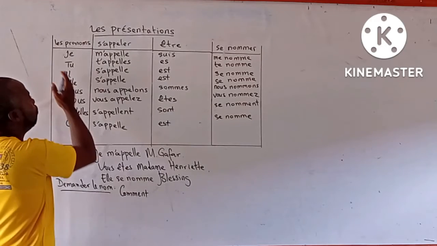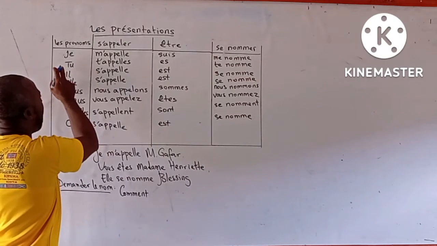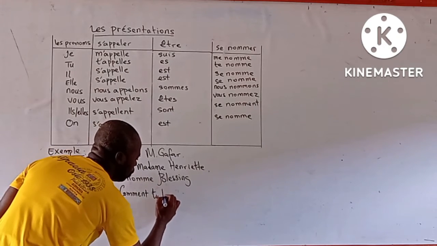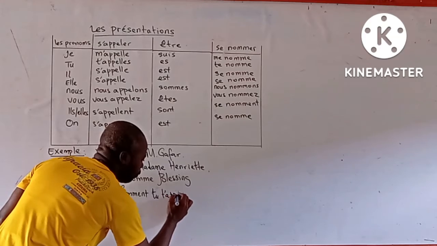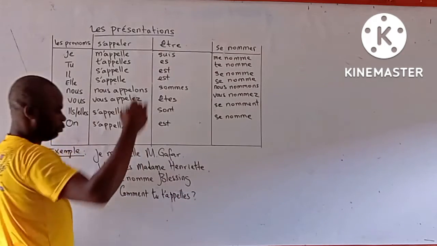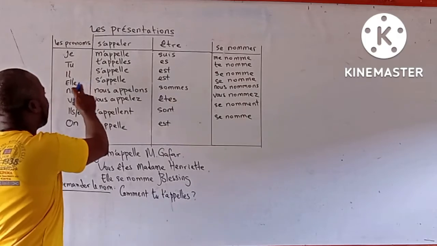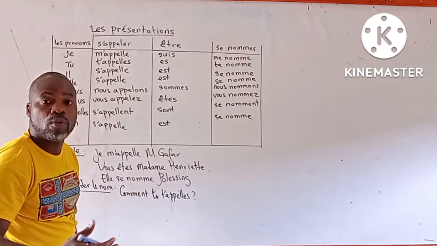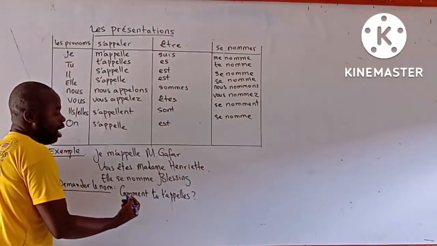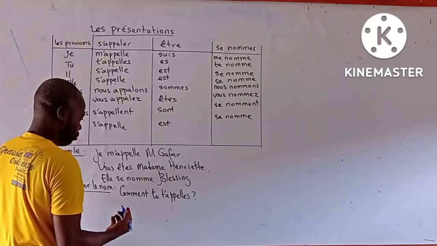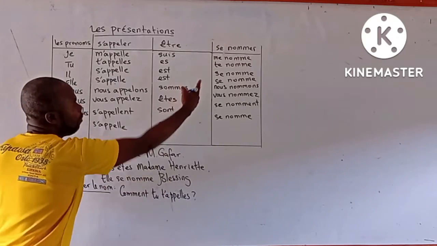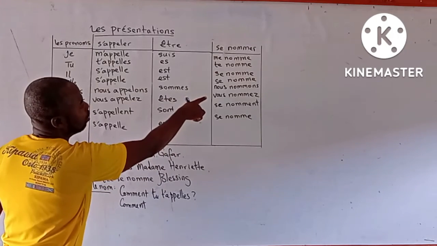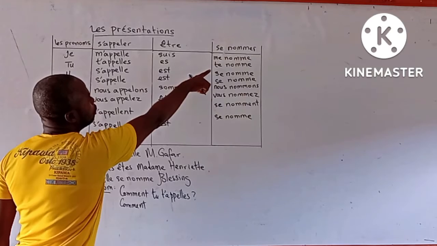So here I decide to start my sentence with it. So I will write comment tu t'appelles? If it is the third person I want to know, I can say comment elle s'appelle? How is she called? Or what is her name? Now, if it is this one, I will say, comment tu te nommes?